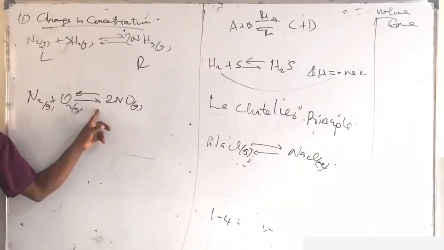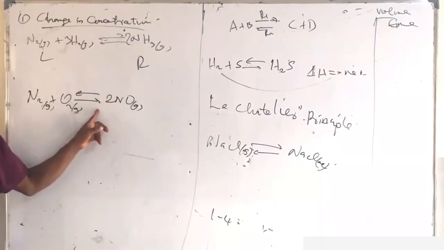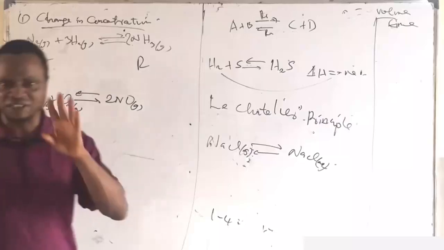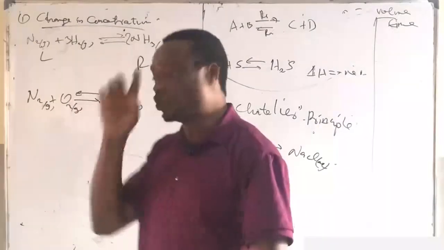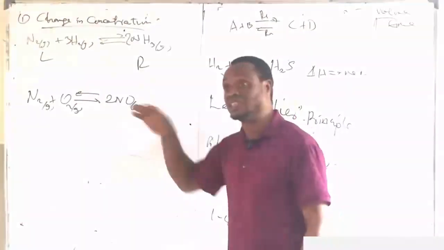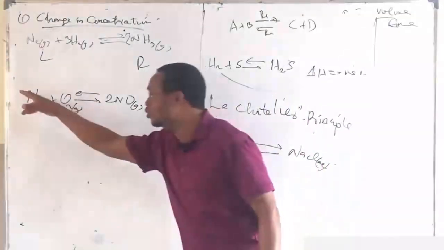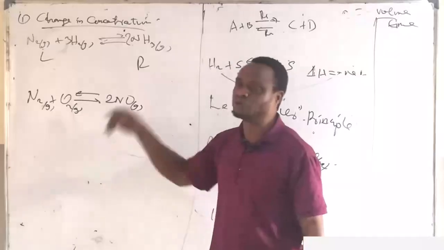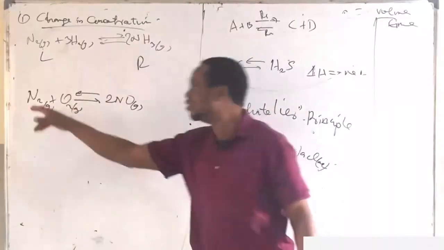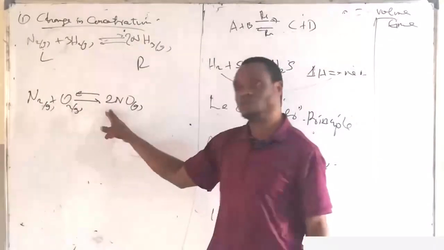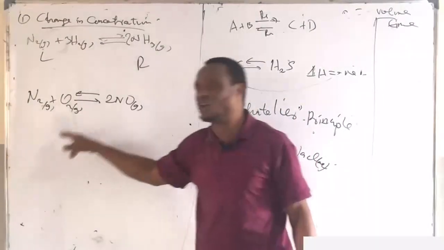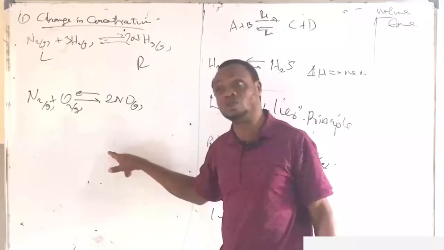You see what I was telling you? Pressure has no effect here. Why? Because they have the same number of moles. You must not forget the factors. It's not about knowing how they affect. For pressure only, you must know the factors that are responsible for the change. If they have the same moles on both sides, mole means volume in this case, pressure will not have any effect. There must be a difference in moles or volume. 1 plus 1 is 2, also 2. Though they are all gases anyway, they have the same moles. So the answer will be no effect of pressure.